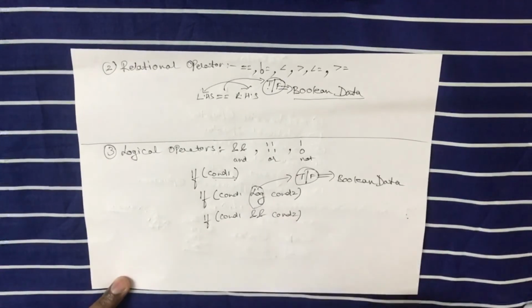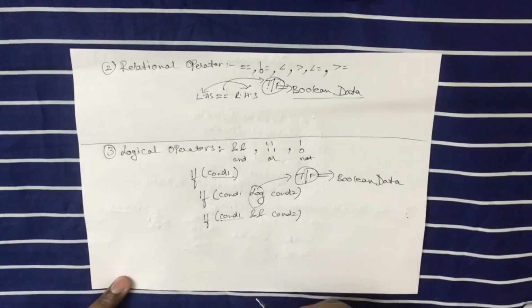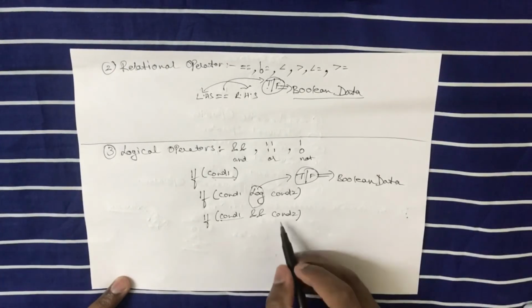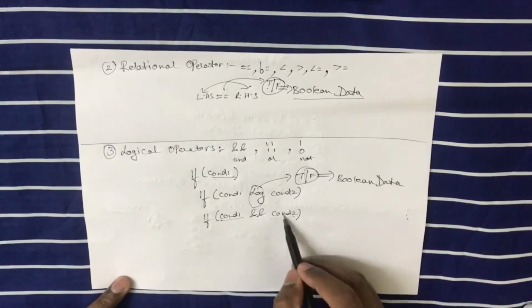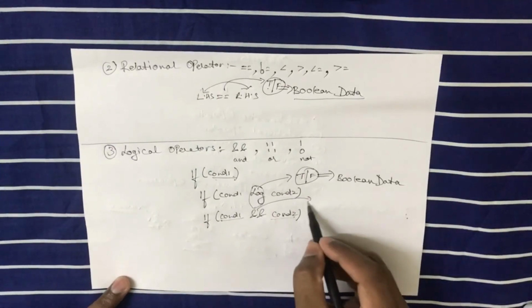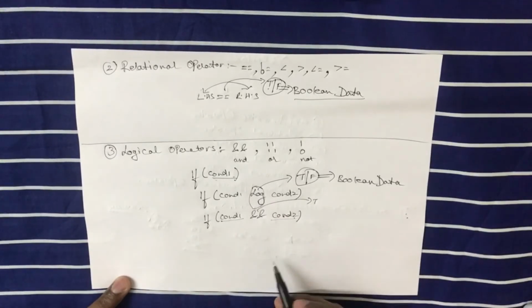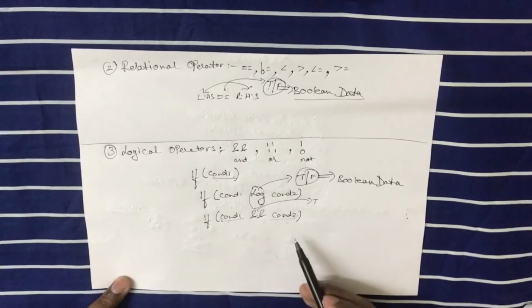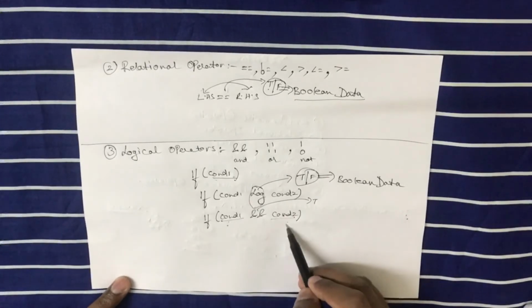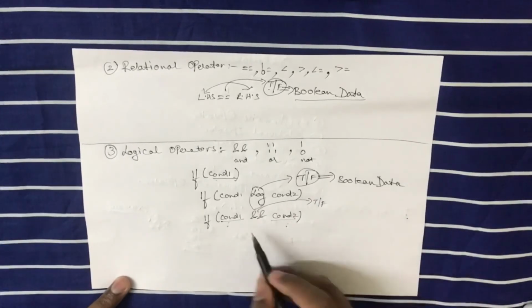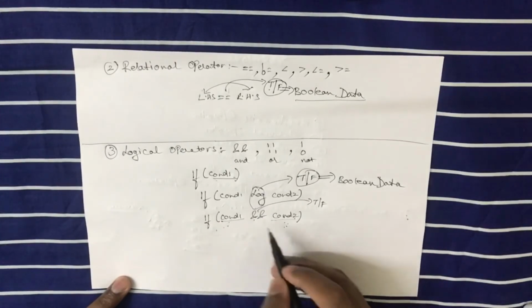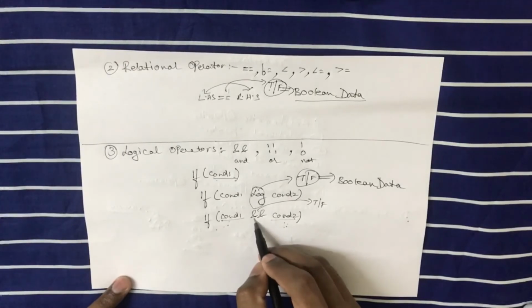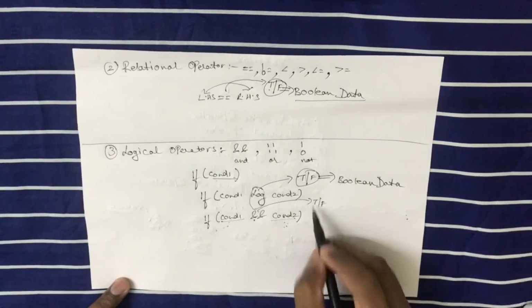What this operator does is, condition 1 should be satisfied, and at the same time condition 2 should also be satisfied. That is, they both should return true, then only it would return the value true. If one of the conditions fails, say this one is true and this one is false, or this one is false and this one is true, then it would return false. For the AND operator, both the conditions should be true, then only the logical operator would return true.